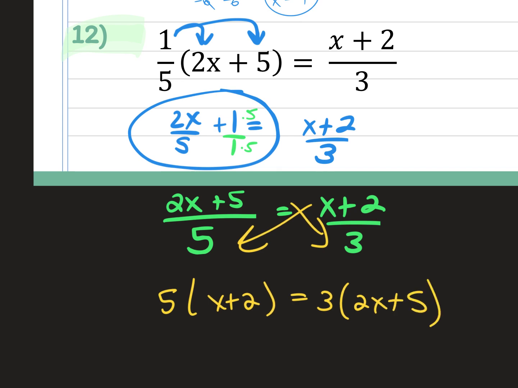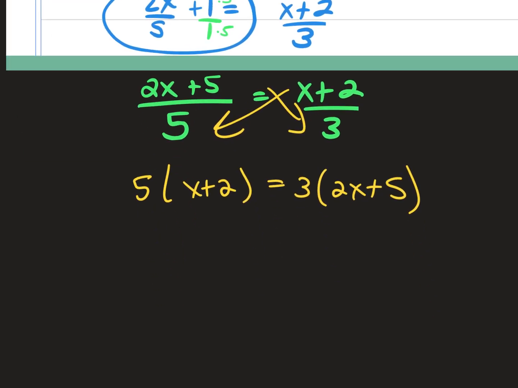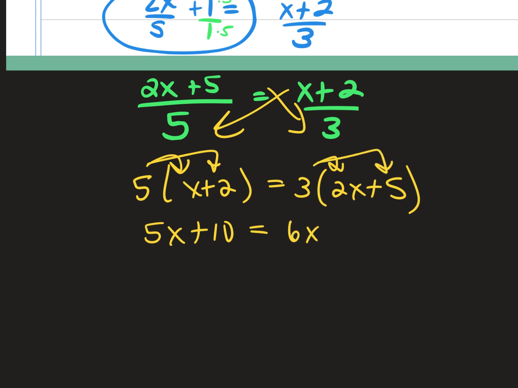Now, if you multiplied it by 15, okay, fine, do that. It's going to end up with the same thing. That's just how I like to do it. So now what am I going to do? I'm going to take my 5 and do what? Distribute. Good. So you have 5x plus 10 equals what? 6x plus 15.